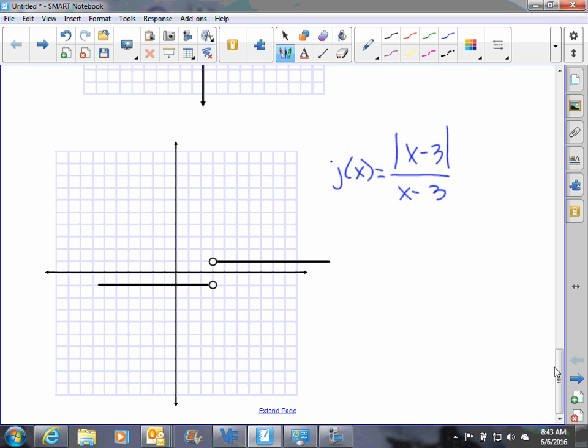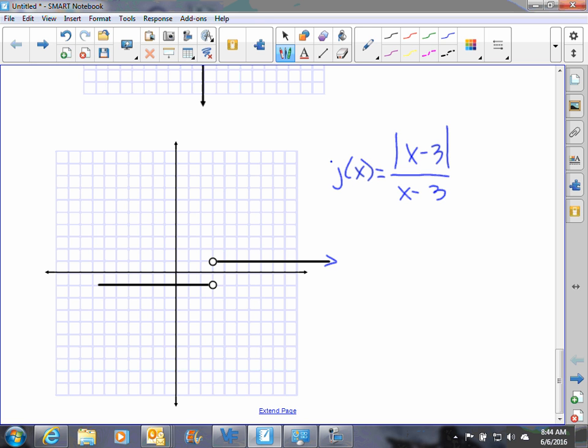So we get this y equals 1 line over here. Now, when x is 0, for example, we get 3 on the top and negative 3 on the bottom. That's negative 1. When x is 1, we get 2 on the top and negative 2 on the bottom. That's negative 1. And so we get this line, y is equal to negative 1 over here.